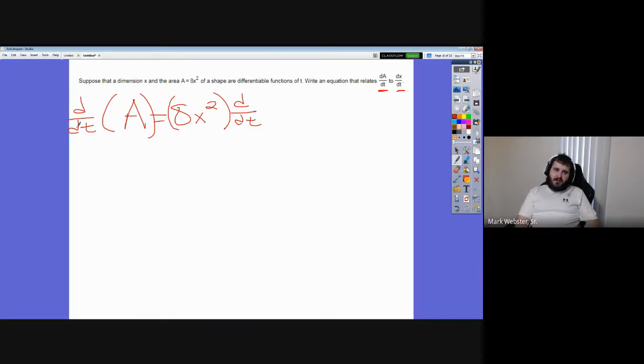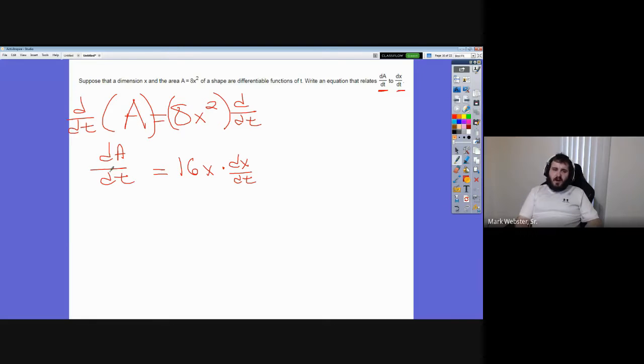So the derivative of A is just 1 times dA/dt, right? That's on the left. On the right, the derivative of 8x squared is 16x times the derivative with respect to t, dx/dt, right?